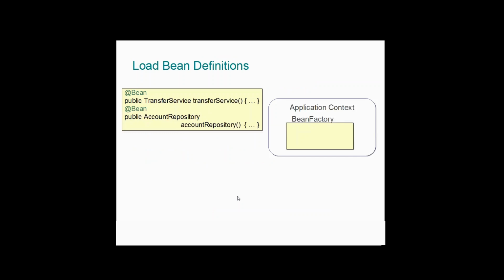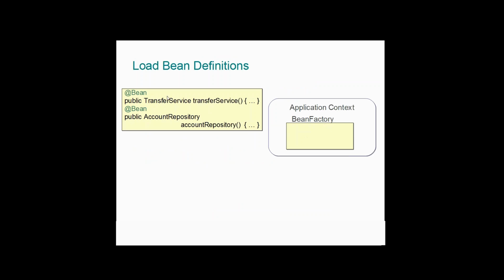Now when you actually load the bean definition, let's say you have this in a Java configuration class, it loads all these beans into an application context as a definition. Still the object is not created. There is a component called the bean factory.